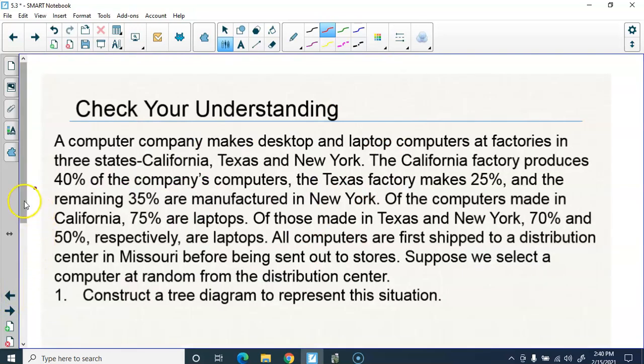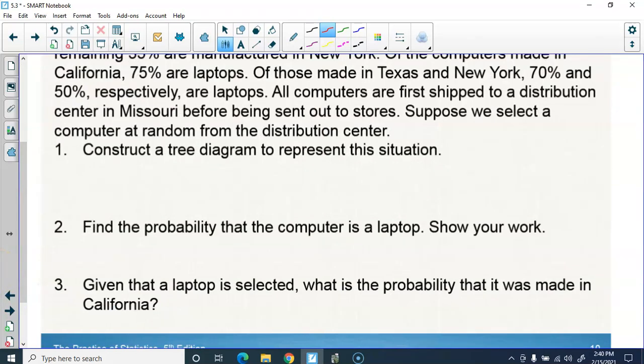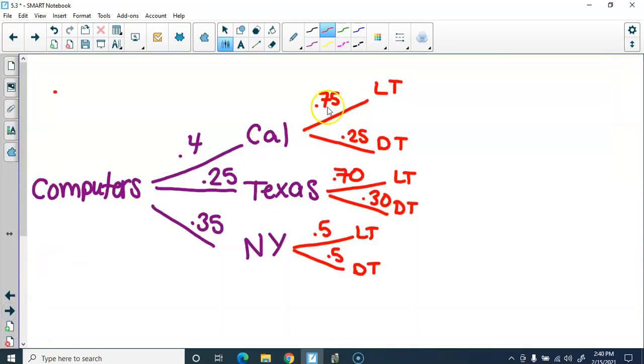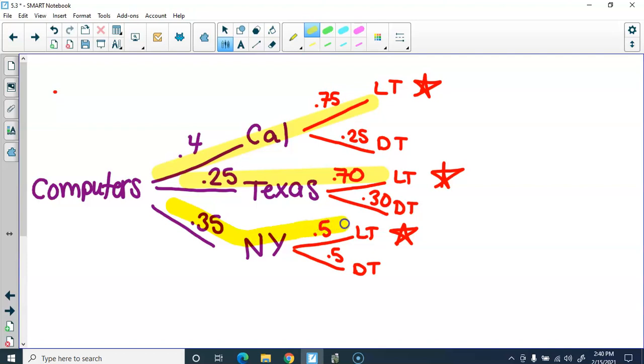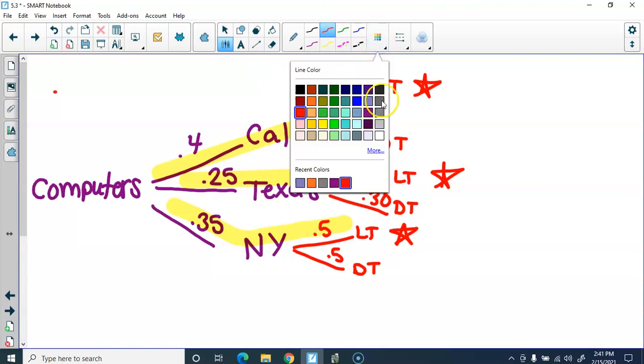Second part of the question said, find the probability that the computer is a laptop. Show your work. So if I'm looking at the tree, I want to look at the end goal here. Laptop, laptop, laptop. So how do I end up at the end of all 3 of those branches? What I have to do is multiply the California laptop branch, the Texas laptop branch, and the New York laptop branch, and add them.